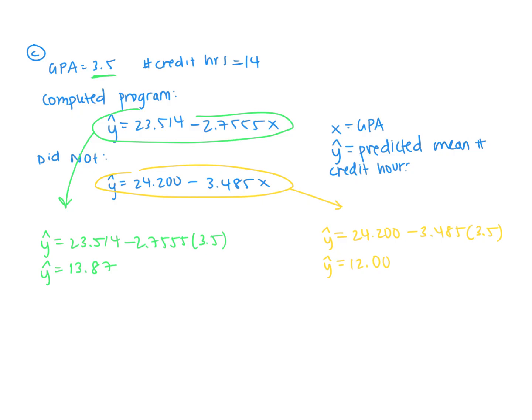The applicant actually has 14 credit hours. That is much closer to 13.87 than it is to 12.